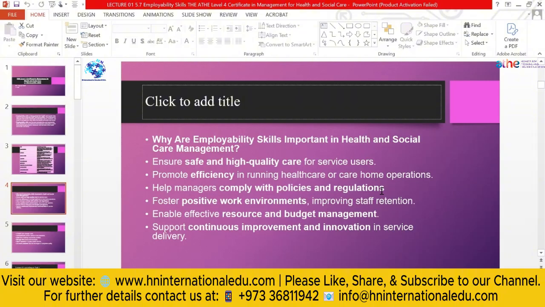Support continuous improvement and innovation in service delivery. Service delivery, if I talk in the healthcare context, is obviously the care which we provide to the patients. When I used to go for routine follow-ups, the people who were from the lower society were treated like, honestly, they were nothing.